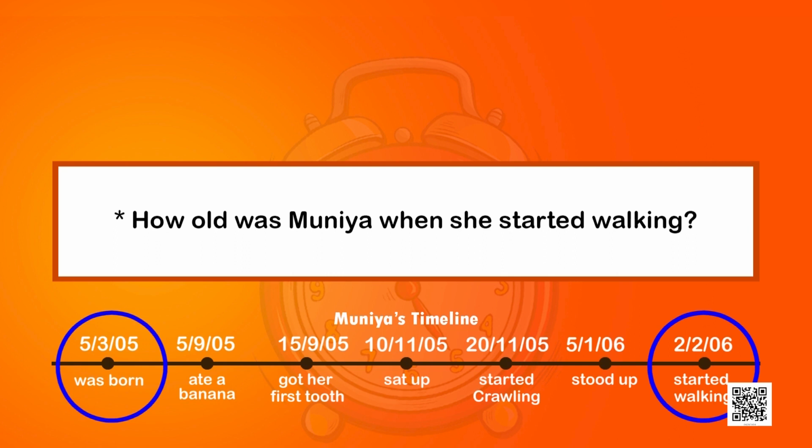After March, April, May, June, July, August, September, October, November, December, January and February. Yes, she was 11 months old. So, Munia started walking when she was 11 months old.